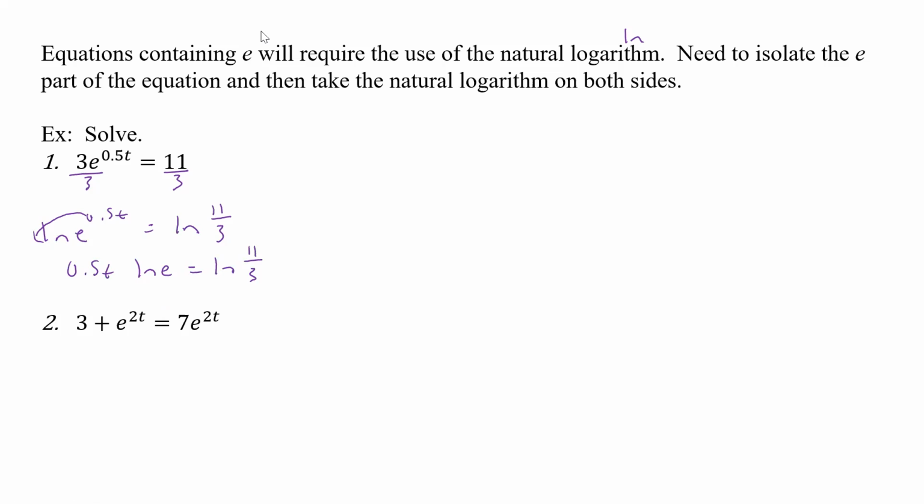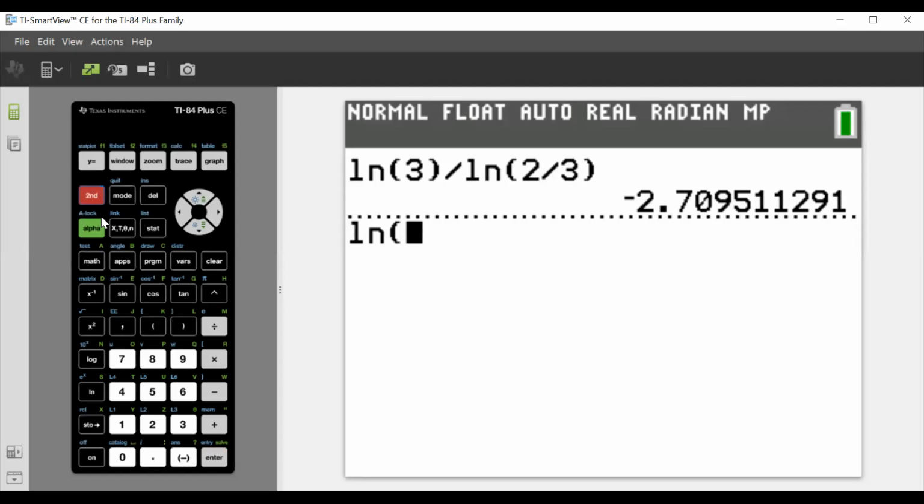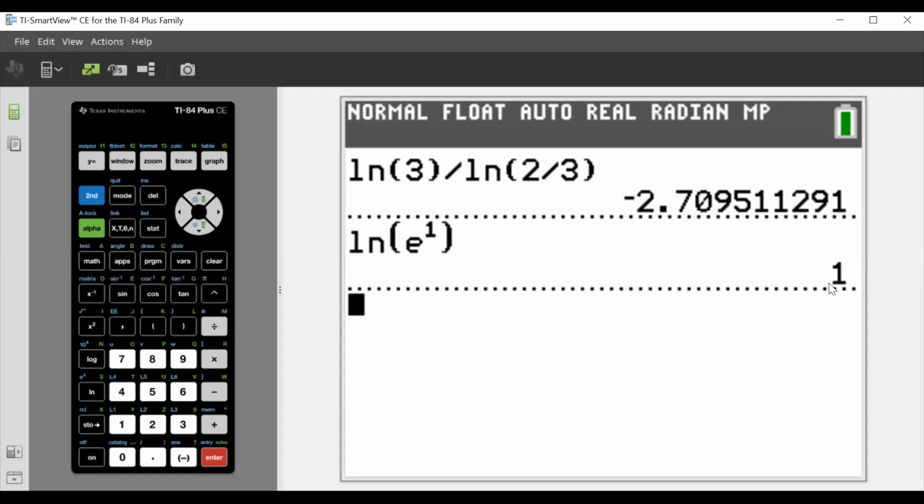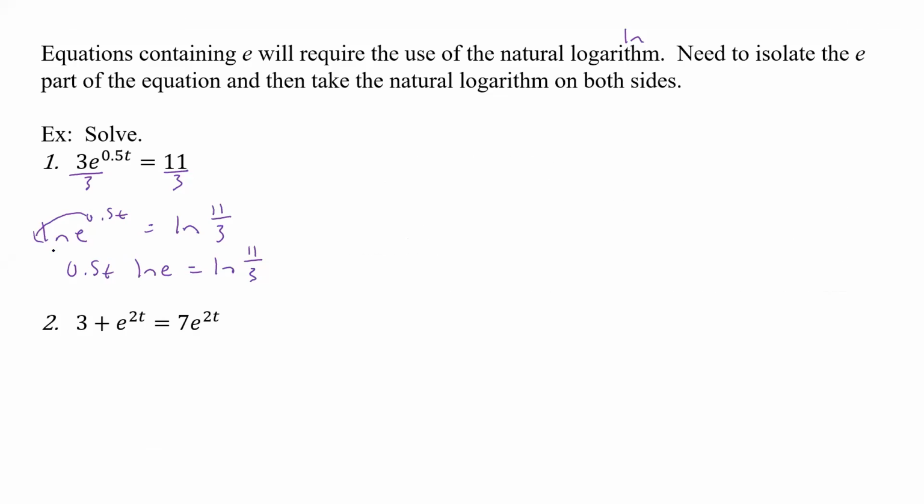Well, if we don't remember, we can always say ln of e is to the first power. When there's nothing there, it's just assumed to be a 1. And guess what that gives us? It gives us just 1. So now we have 0.5t equals ln of 11 over 3.